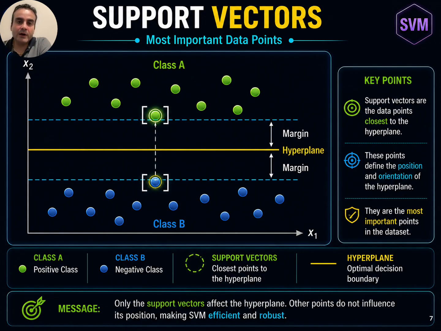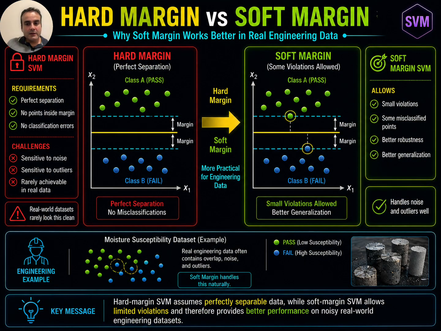Points located far from the boundary contribute little to determining the final classification rule. Because the model focuses primarily on these critical observations, SVM can be both efficient and effective, particularly for complex engineering problems.